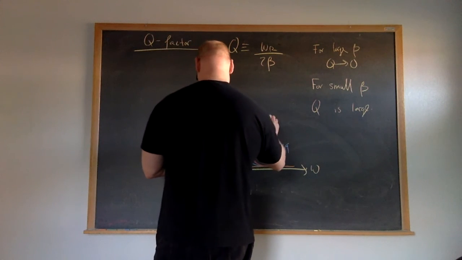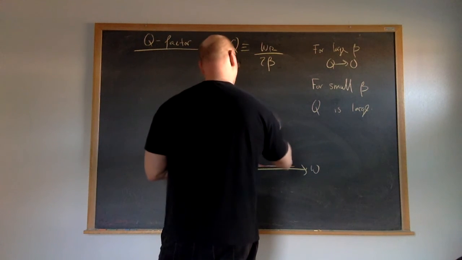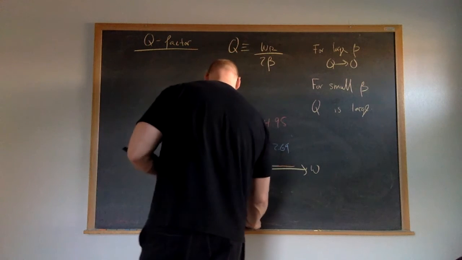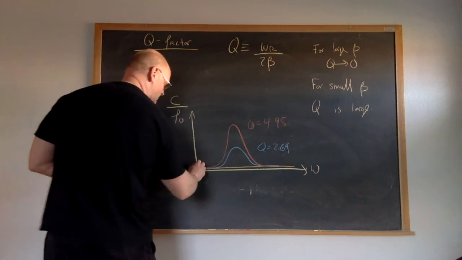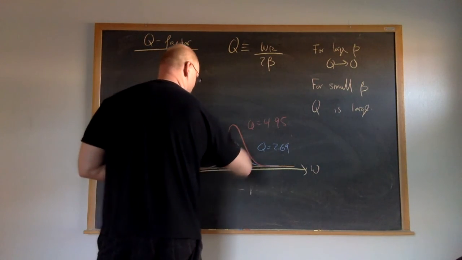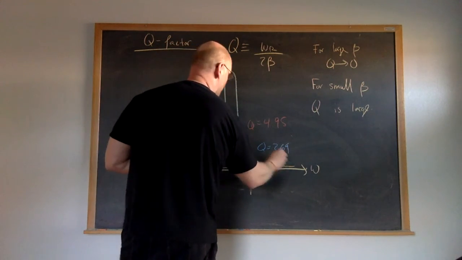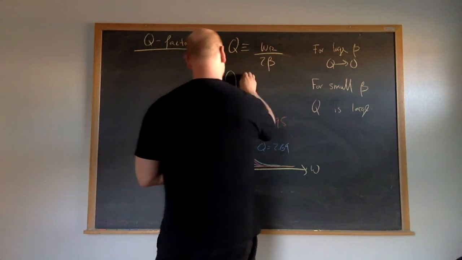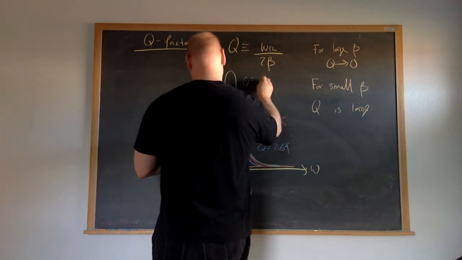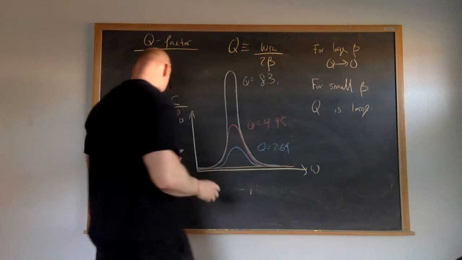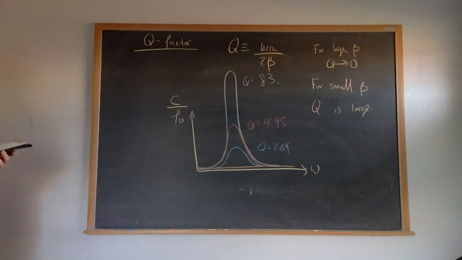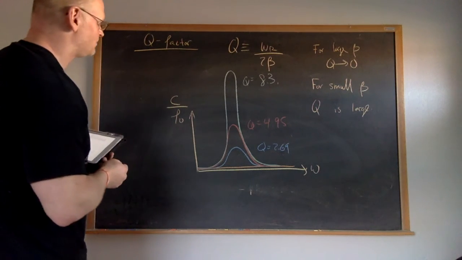In this case, Q is going to be something like 4.95. And then finally, let's do a green one. This thing's going to do something like this as Q becomes bigger and, again, as the damping becomes smaller. So this is for a Q of .83. I didn't draw this thing perfectly, but that's fine.